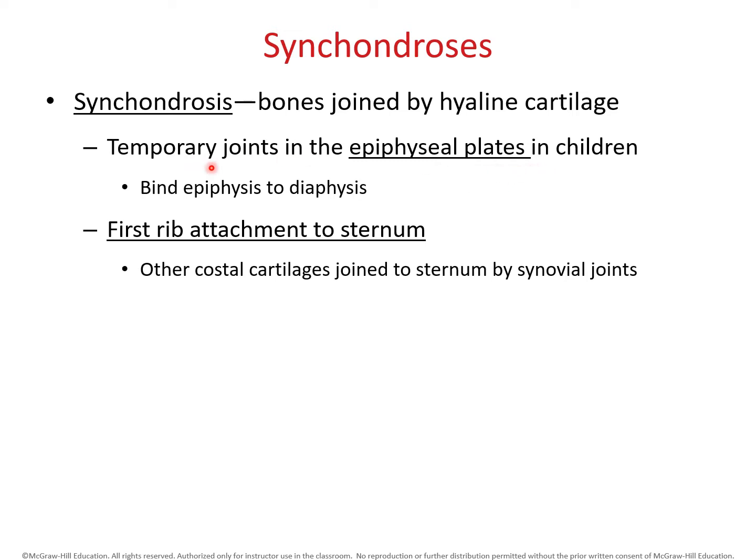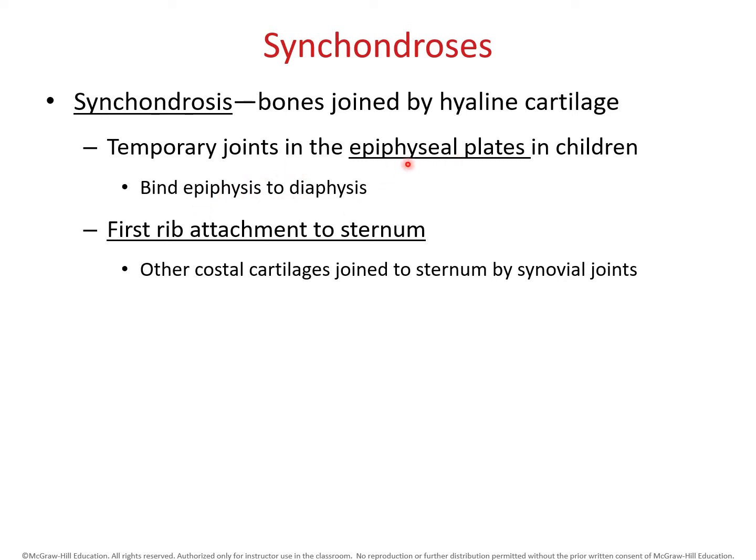So this is what it says, temporary joints. When you're still growing in length, still growing tall, the epiphyseal plates are considered slightly movable joints. These are only in children, remember. And remember where that epiphyseal plate is located, between the epiphysis and the diaphysis of your long bones.